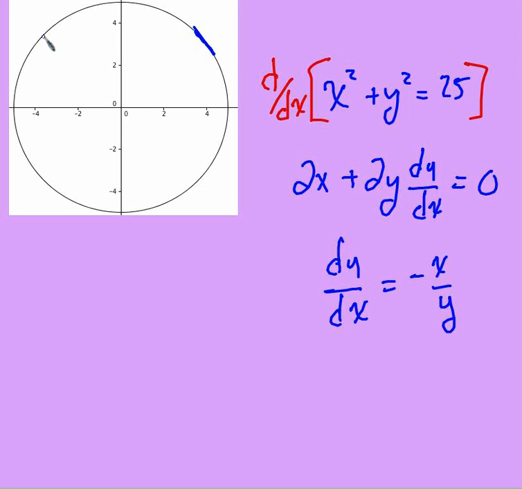If I'm over here, where the x-coordinate and the y-coordinate have the same magnitude, I'm going to end up with a positive slope. If I'm here and I have a very large x-coordinate but a small y-coordinate, I'm going to get a very steep slope, and it's going to be positive because I'm down below the x-axis, so I have a negative y-coordinate and a positive x-coordinate. So this is giving us the pattern of the slopes around a circle.